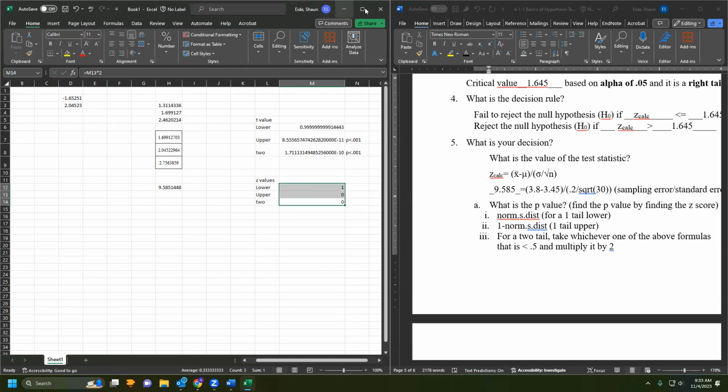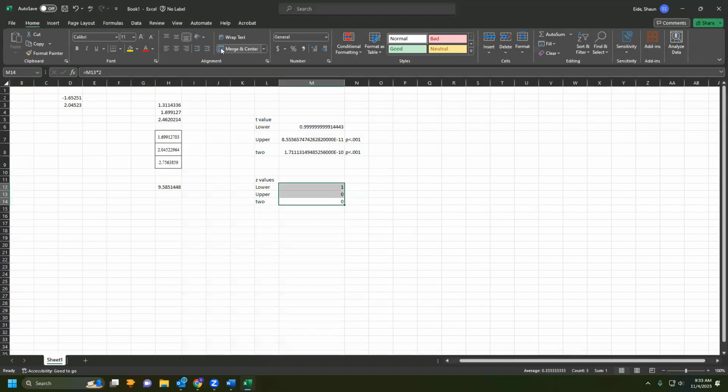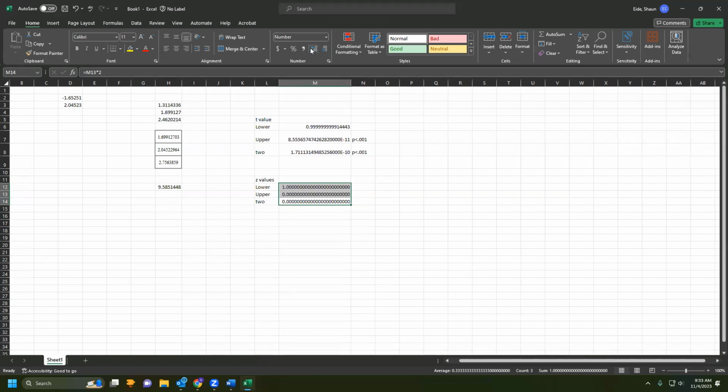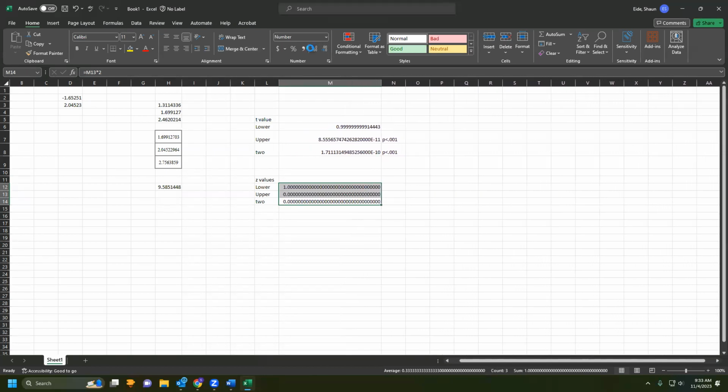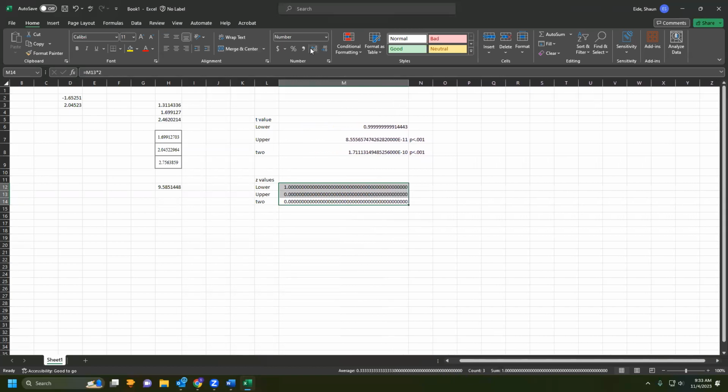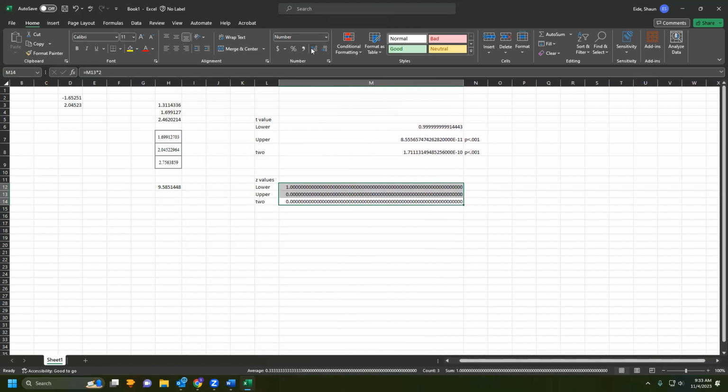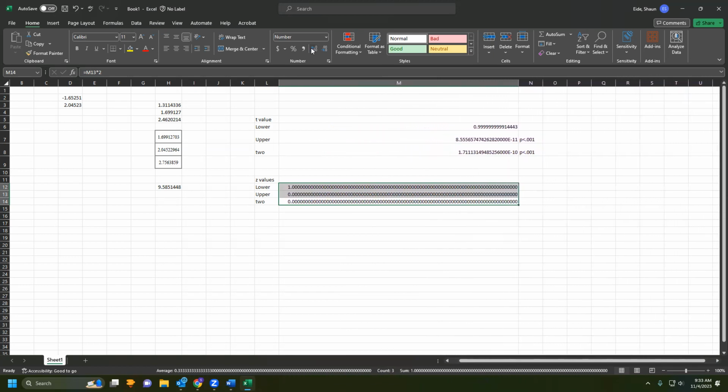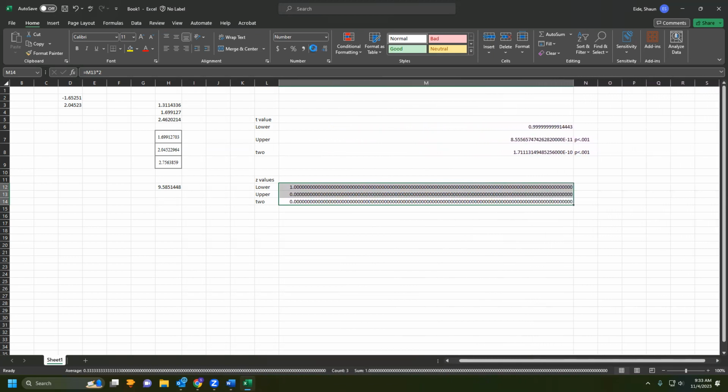And so you're like, that doesn't make much sense at all. And the reason why is because that z-value is so big. Let's see here, can we even get to it? Yeah, it's just calculating it as 0 because it's so unlikely with a z-value. I think it's just deciding to calculate it as 0.